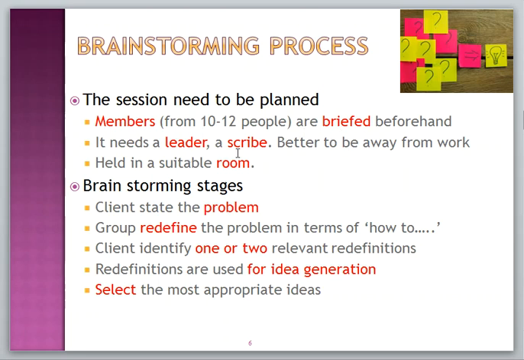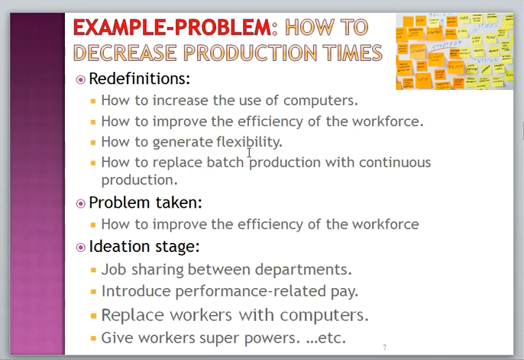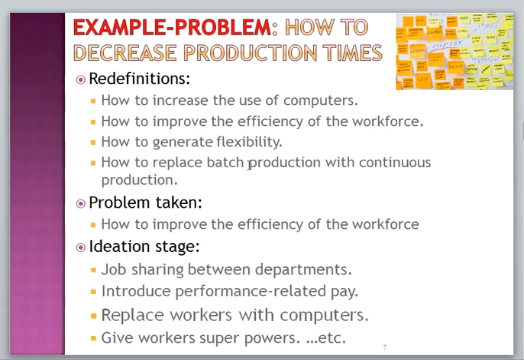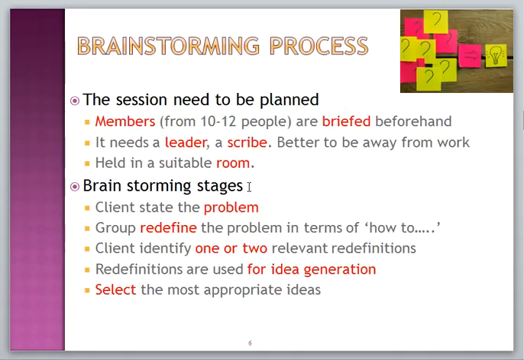We need a leader and a scribe, the one that facilitates and writes down ideas. We need a room for that, a table or some convenient, pleasant environment for people to sit. Maybe it's better to have such sessions away from work.